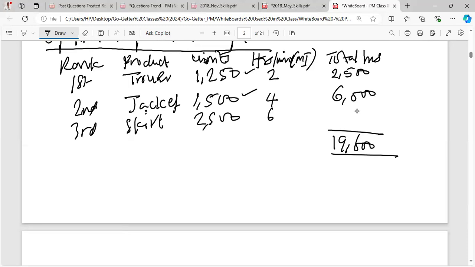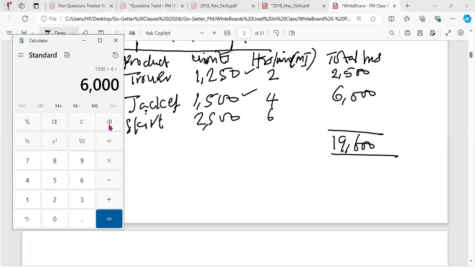If we look at 2,500 multiplied by 6, it is going to give me 15,000. Already we have 8,500, right? If you add this 8,500, you know it's going to exceed this. So it means that we can no longer do everything here.